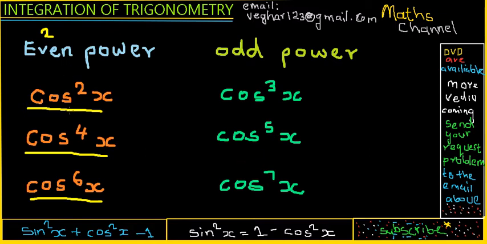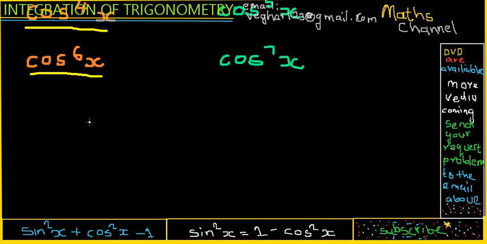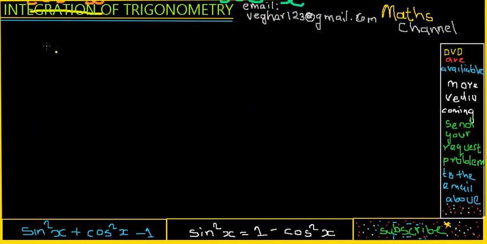So let's check the even power first. If you find the even power, like the one above, a cos square, you'll have to use this rule. Because it's cos, you'll use this.